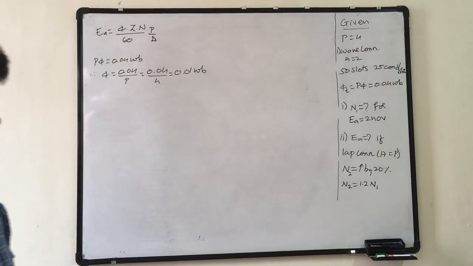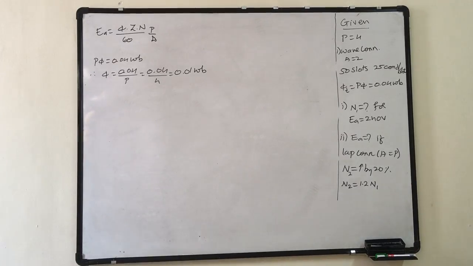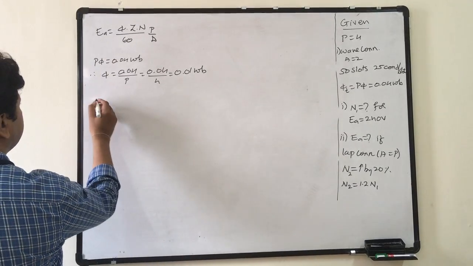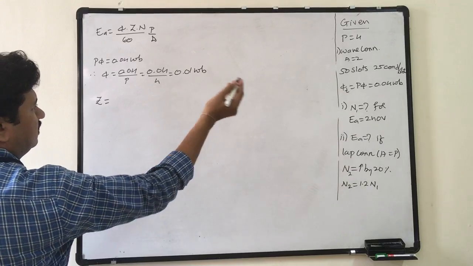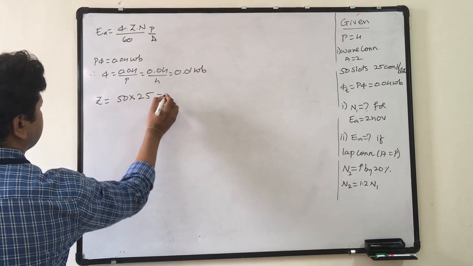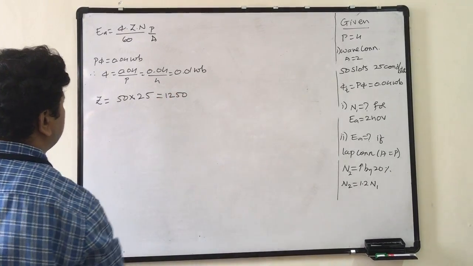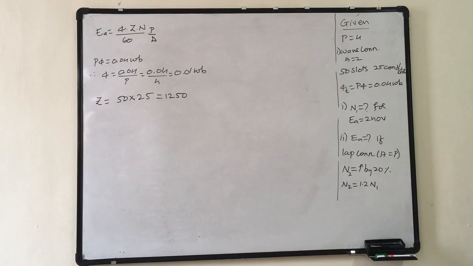So total flux is all the flux produced by each pole. So phi is 0.01 Webers. What is Z? 50 slots multiplied by 25 conductors per slot. It is 1250. Total number of conductors are 1250.